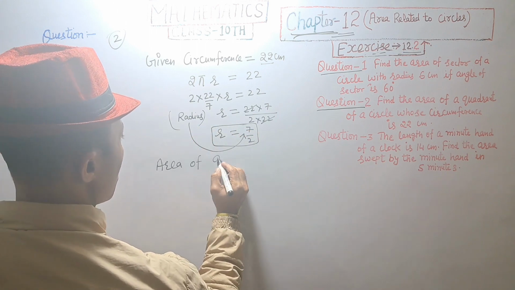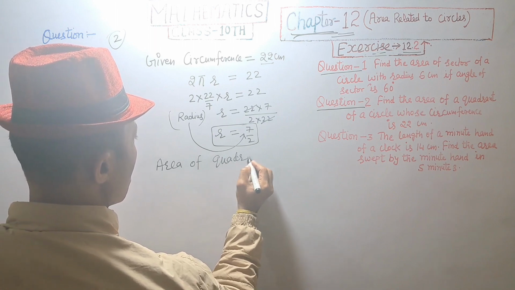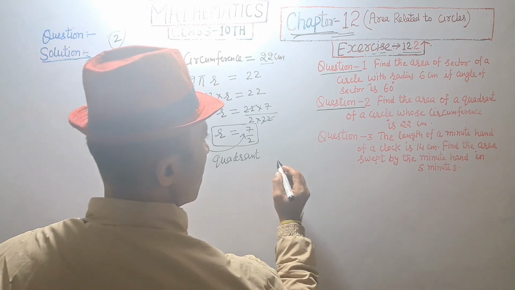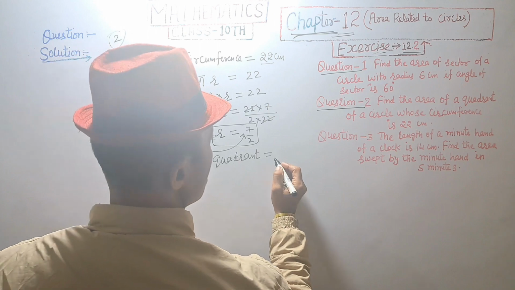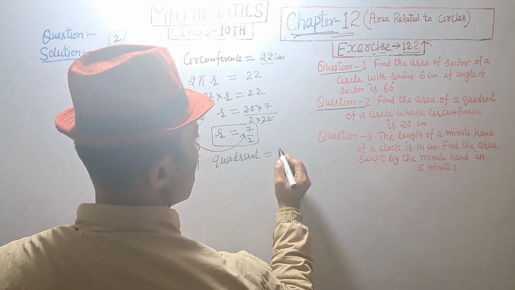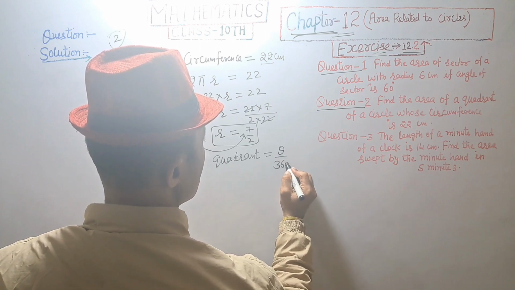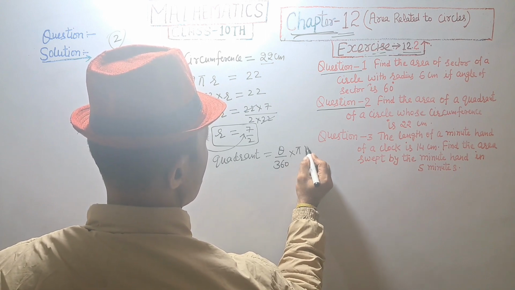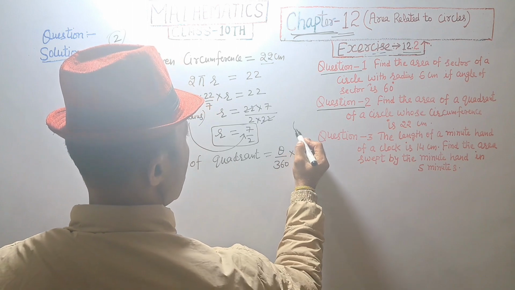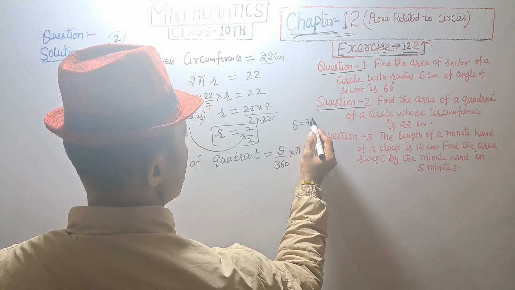Area of quadrant is equal to theta upon 360 into pi r square, and angle theta is equal to 90 degree.